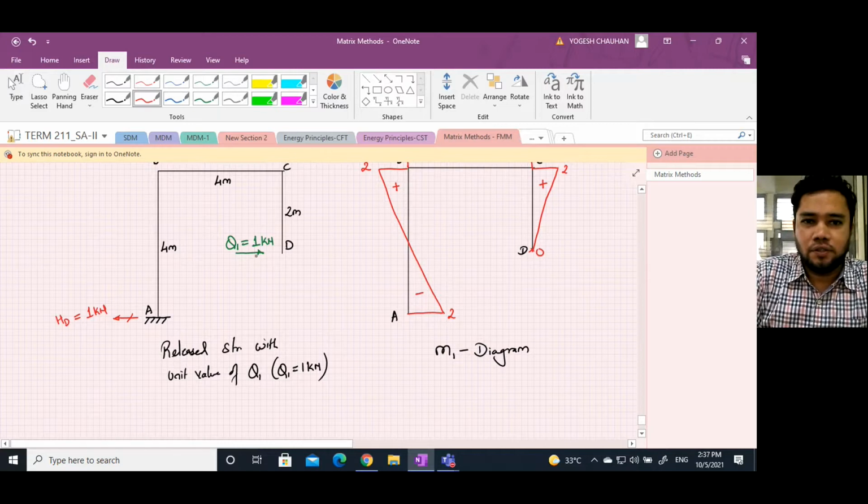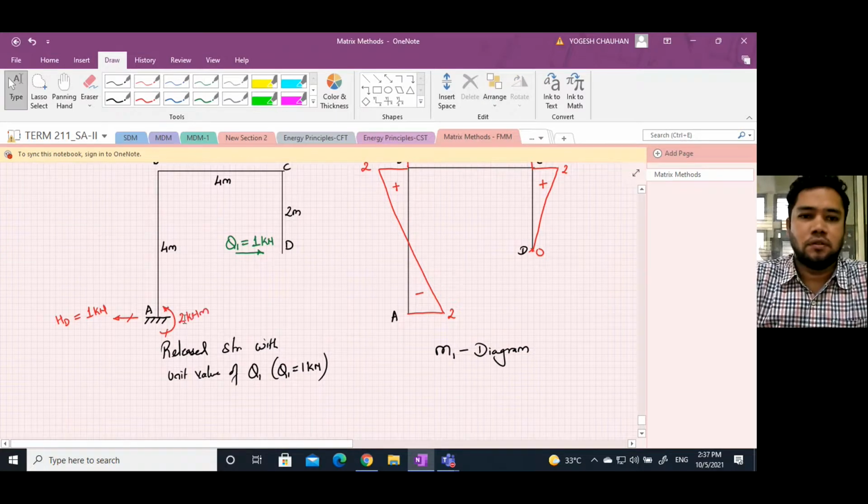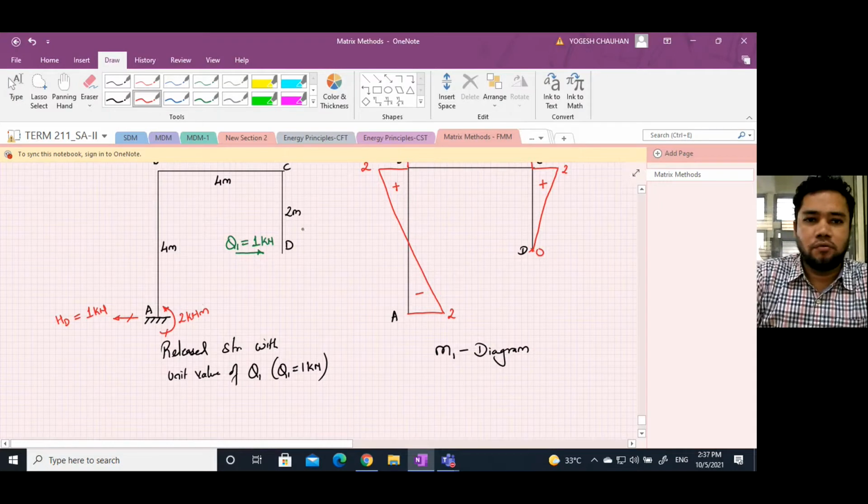Here, the moment will be 1 into 2, in clockwise direction, so the reaction will be in anti-clockwise direction, 2 kilonewton meter. This is 1 into 2 because this is 2 meter and the total is 4 meter.